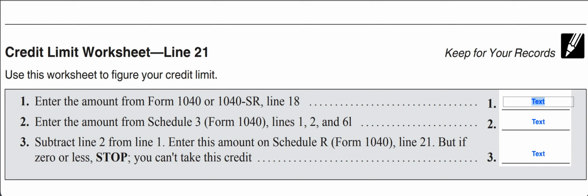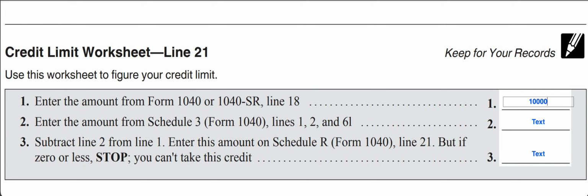So the AMT and the excess advanced premium tax credit repayment plus your previously existing tax liability, that is what constitutes line 18 right here. Let's just imagine that John Doe, our hero, had $10,000 in total.